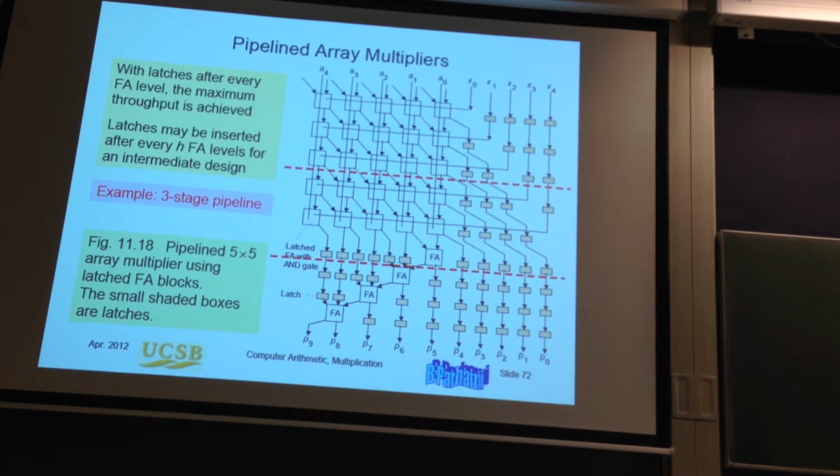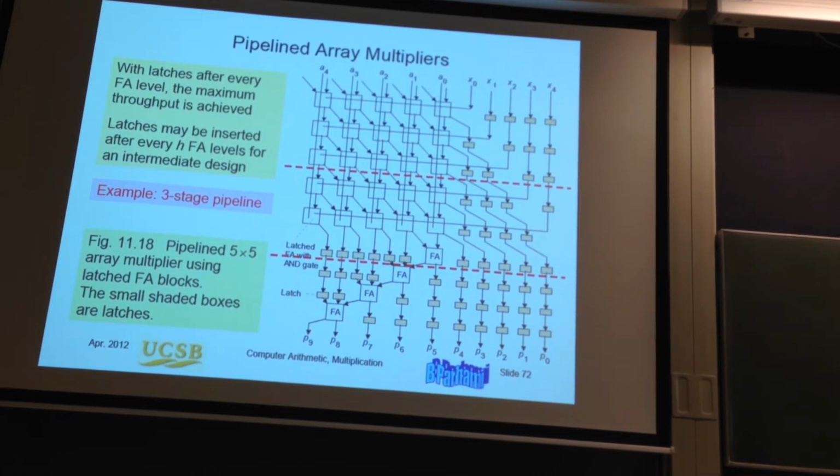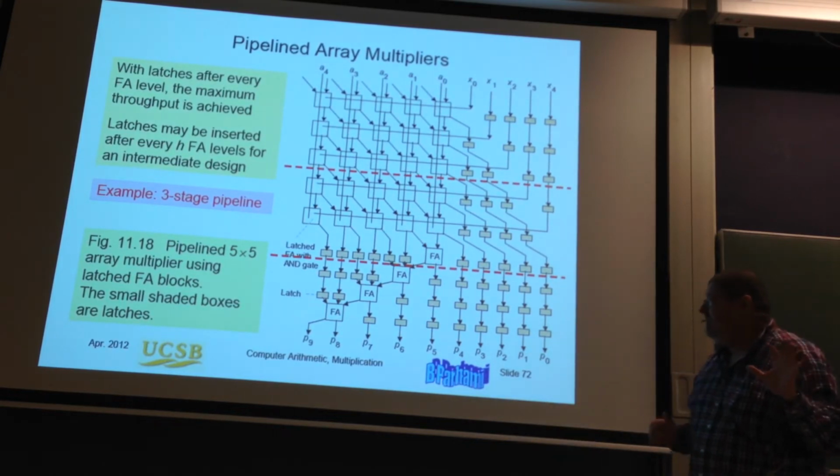You will spend too much energy in the clock. Except if you are in an environment where you do heavy digital signal processing, and in that case, such a solution is good, because what you will do is create a number of multipliers, a bunch of them, array multipliers, because they are small, regular, and they have very high throughput, and you will feed them all with your application. And due to the pipelining, they will be very effective.